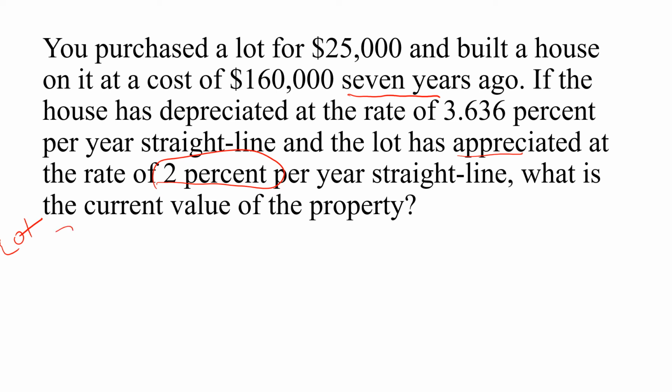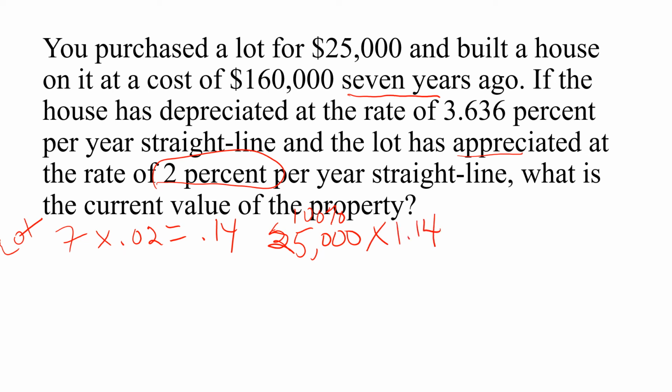So 7 times 0.02 equals 0.14. Our lot was 25,000, and that's at 100%, but we want to add to that. So 25,000 times 1.14, which is 28,500.